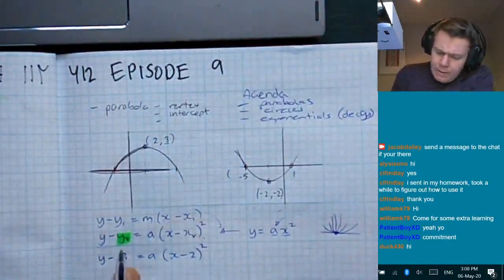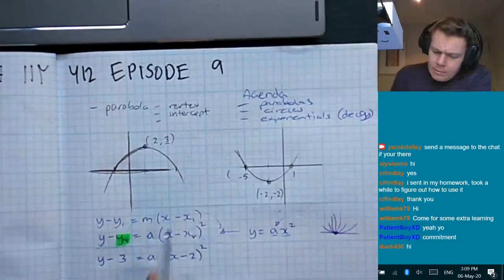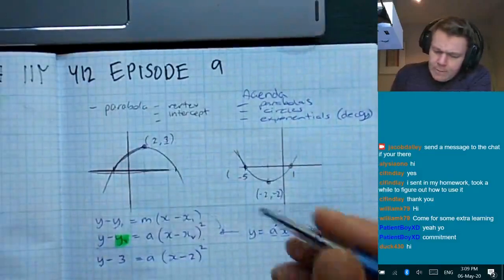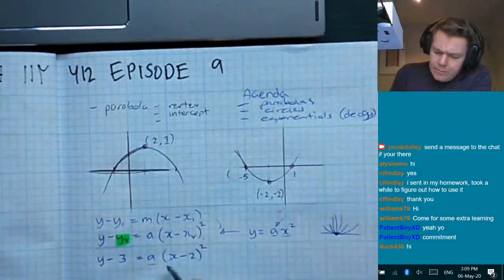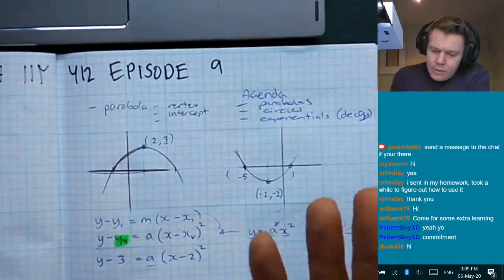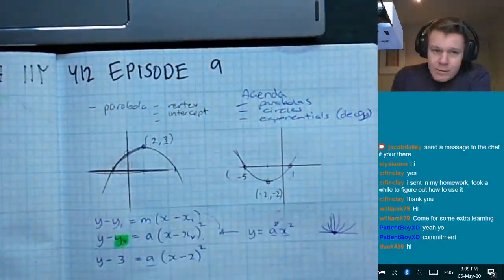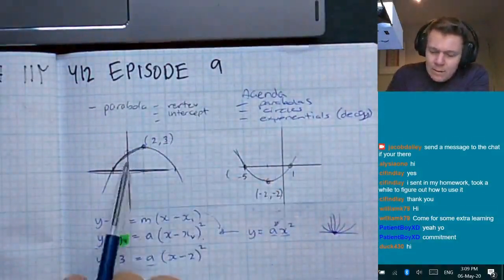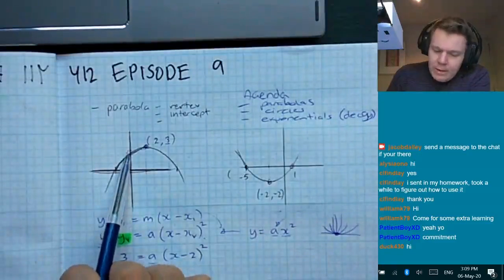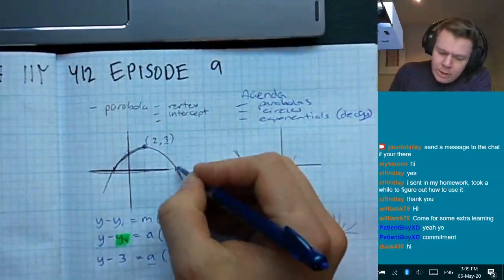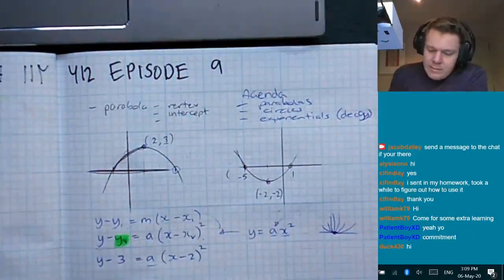Alright, now to find out the shape factor, we need a given point from the graph. In this particular one, that's not going through a grid point exactly. So what we can actually use is one of the intercepts of the x-axis.